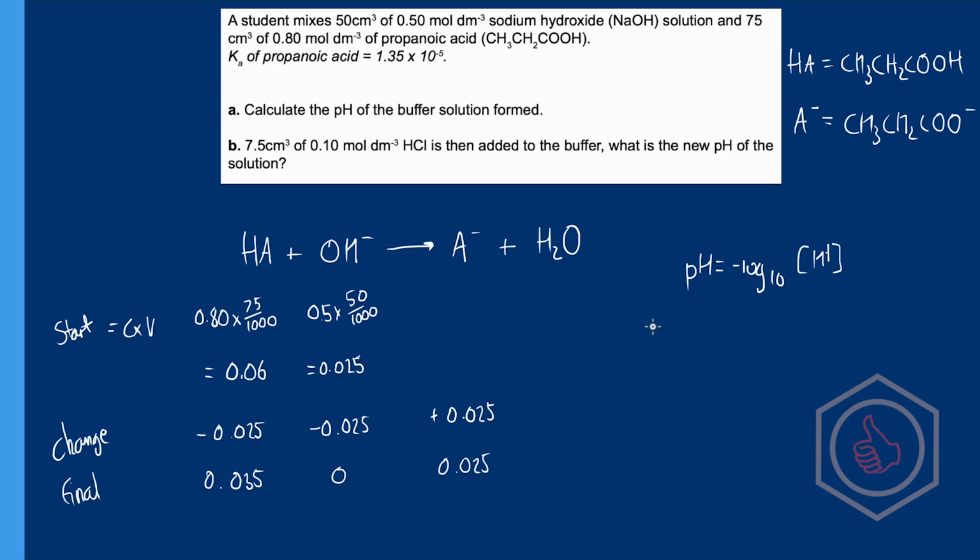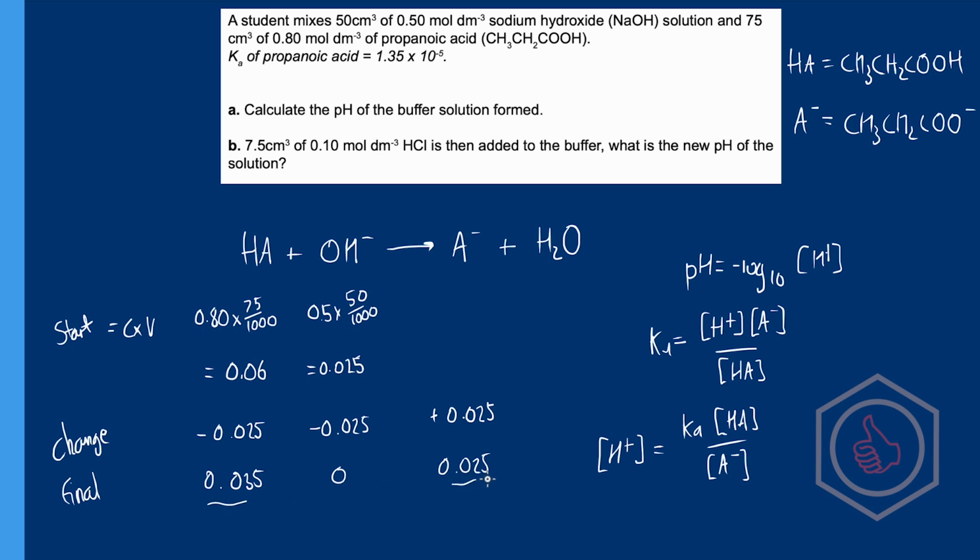To do this, we can use the Ka expression of the weak acid, so Ka equals concentration of H+ times concentration of A- over concentration of HA, which we can rearrange to give us concentration of H+ equals Ka times concentration of HA divided by concentration of A-. Well, to convert these mole values of HA and A- we've just calculated here into concentration, all we need to do is divide by the volume of the solution.